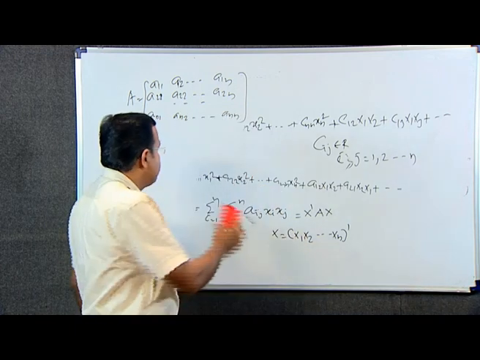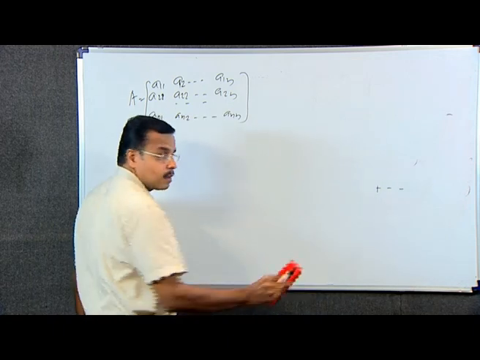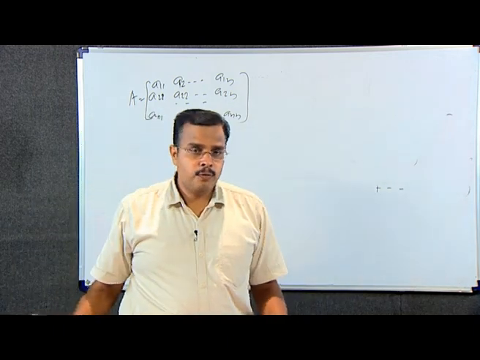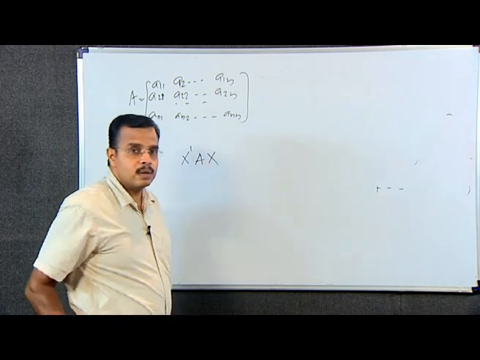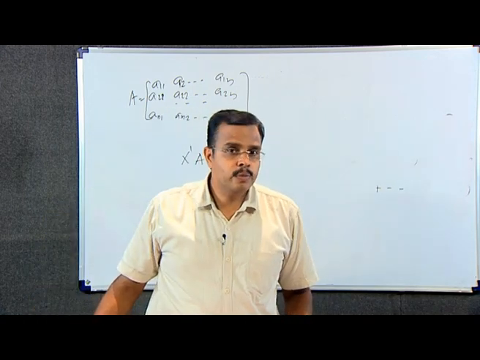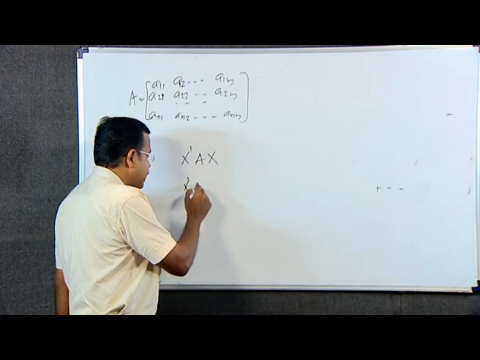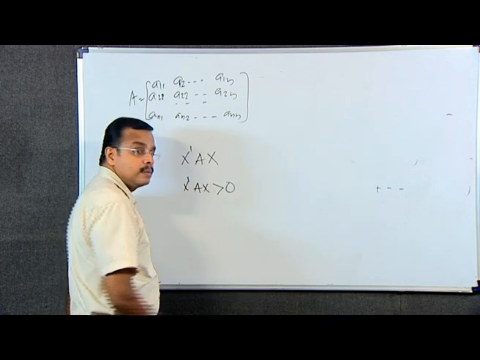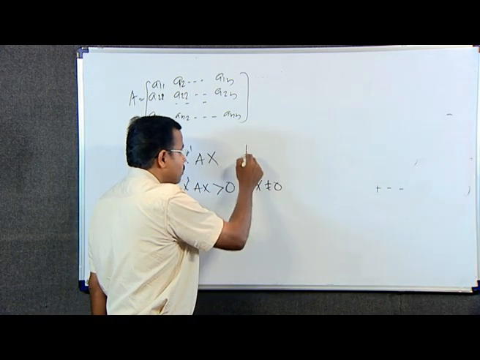Then as a definition we can say a quadratic form x dash Ax is said to be positive definite if x dash Ax greater than 0 for all x not equal to 0.